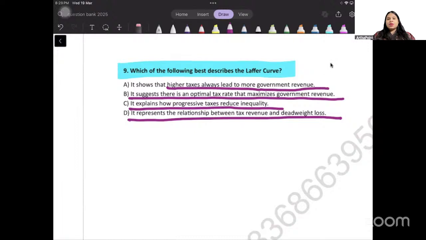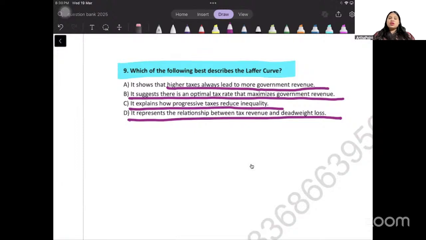Also, can someone tell me which year the Laffer curve was introduced? Give me the year. Sometimes they will give four concepts and ask you to put them in ascending and descending order, right?